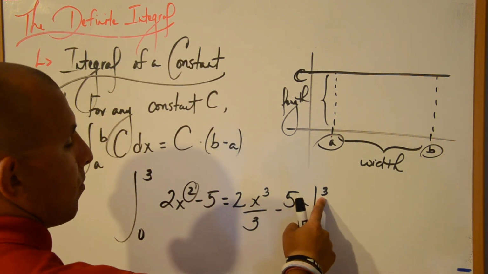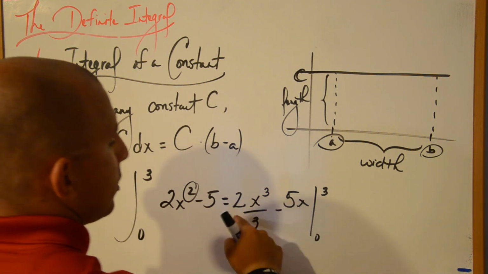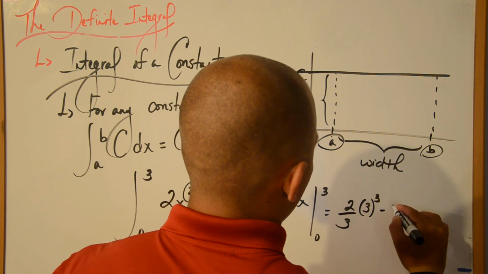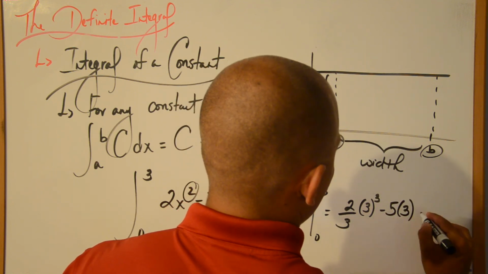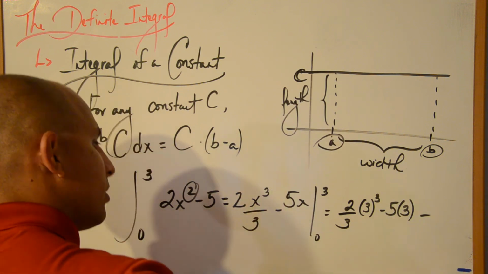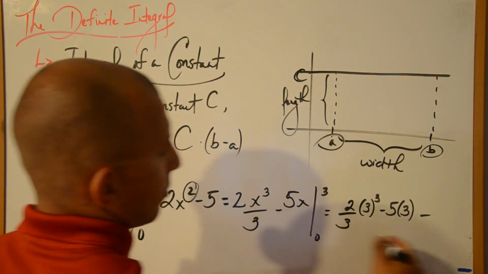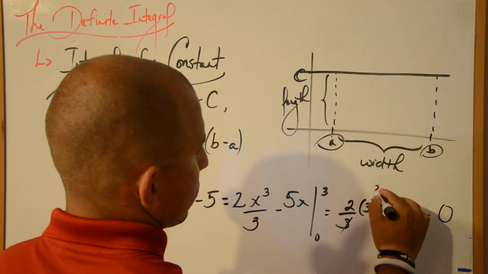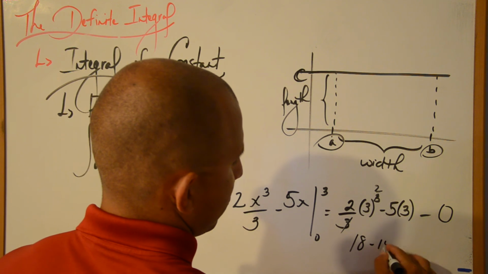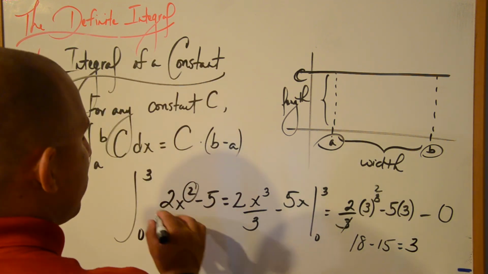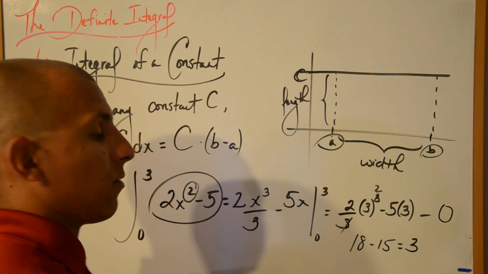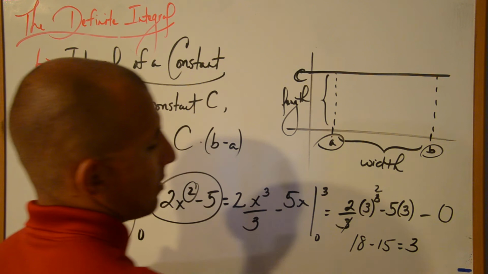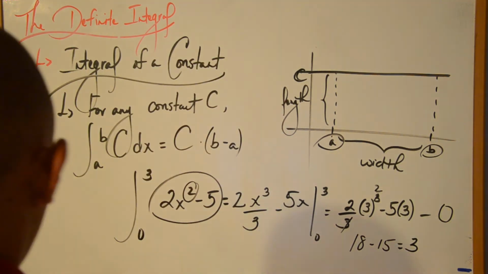We're going to take the rightmost bound, substitute it: 2/3 times 3 cubed minus 5 times 3, minus, right, pre-programmed, this is going to be 0 minus 0, so we just put a 0 here. Okay. 3 cubed divided by 3, that's going to be 3 squared, that's 9, 18 minus 15 equals 3. So this function, 2x squared minus 5, a parabolic function opening upwards, starting with a minimum value of negative 5, from 0 to 3, has a signed area of 3.